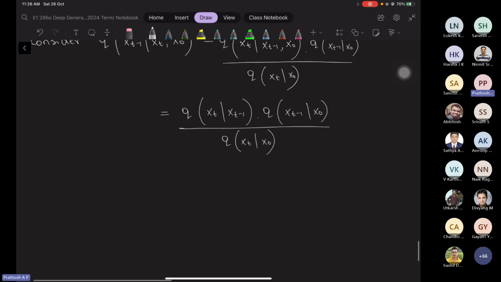Okay. Now we know how to compute this. This we have. We know what distribution it is. And we have to consider the distribution of q of xt given x naught.